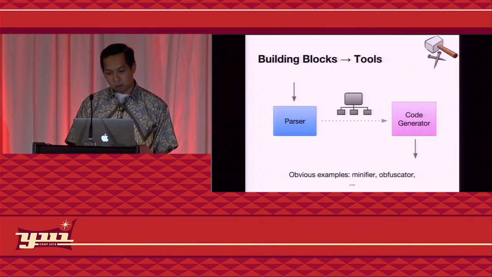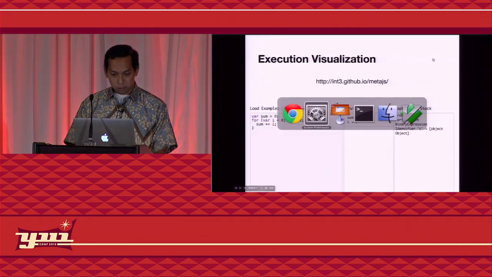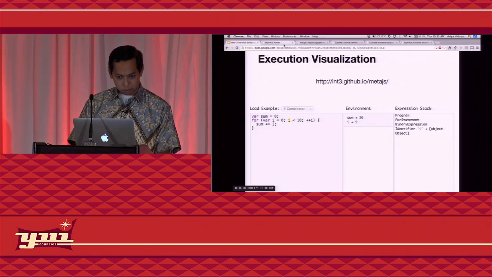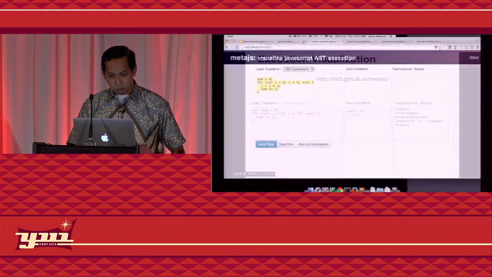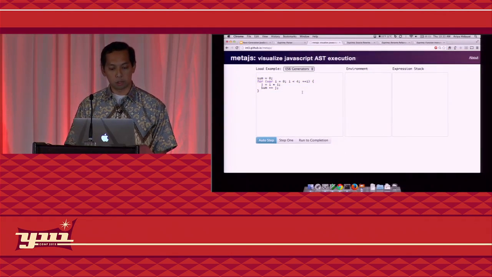If you look at this block, if you substitute the code generator with a simple interpreter, you can have a very powerful JavaScript execution visualization. This is easier to demonstrate than to explain. Look, do I have that? Oh, yeah. So whatever code that you type there is going to be executed in slow motion.